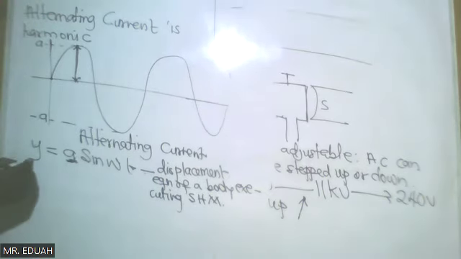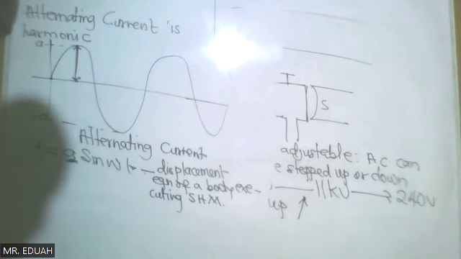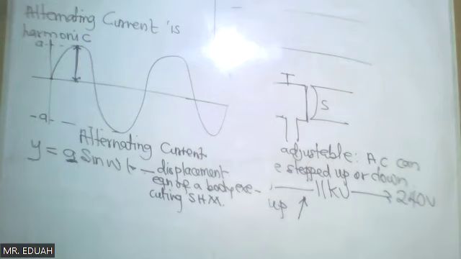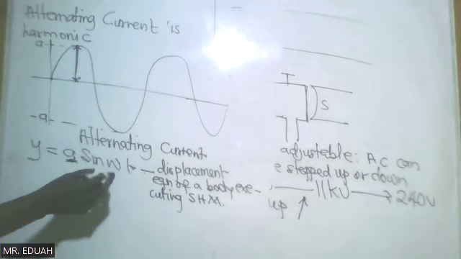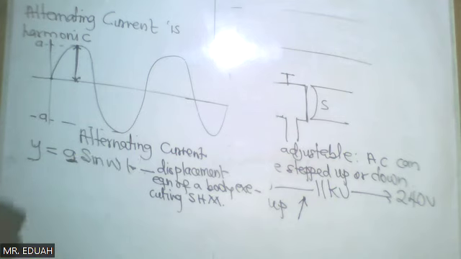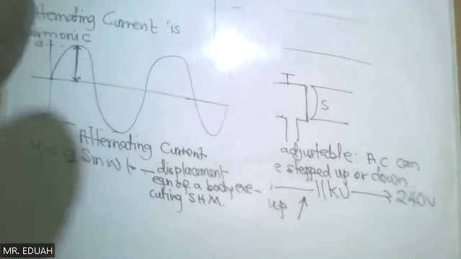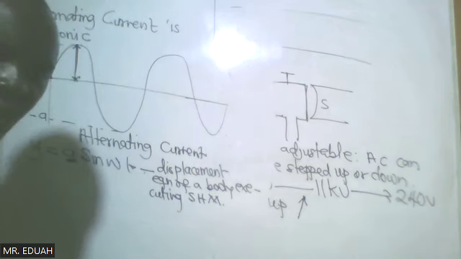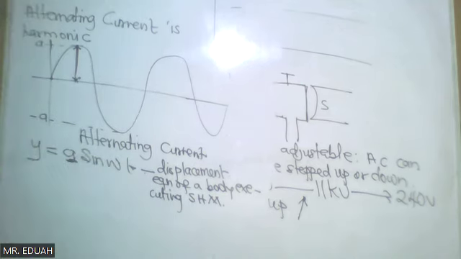Where y is the displacement, A is the amplitude, which is the maximum displacement, omega is the constant or uniform angular velocity, and t is any time t. Any harmonic function, any function that changes with time, is represented like this.